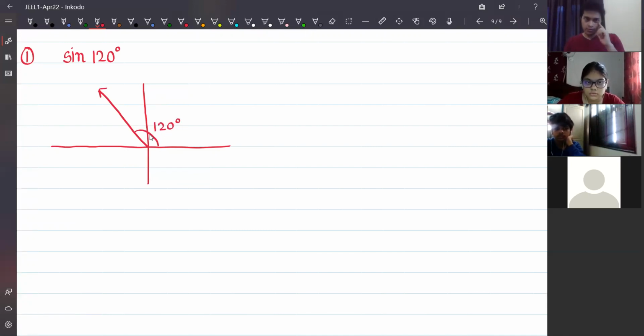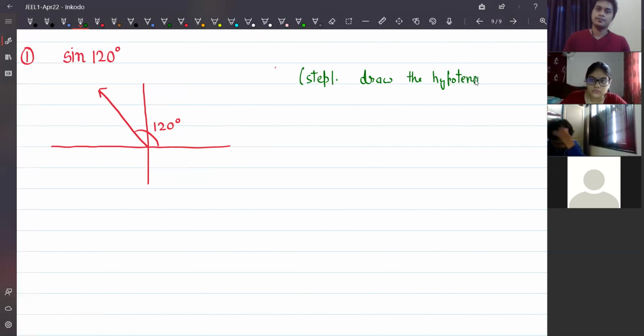First you will write sine 120, then you'll measure the acute angle from the x-axis. Step one is draw the hypotenuse. Step two, measure the acute angle with the x-axis.